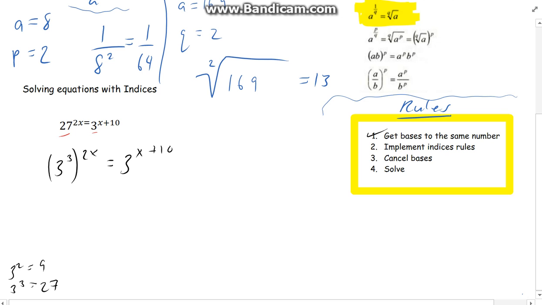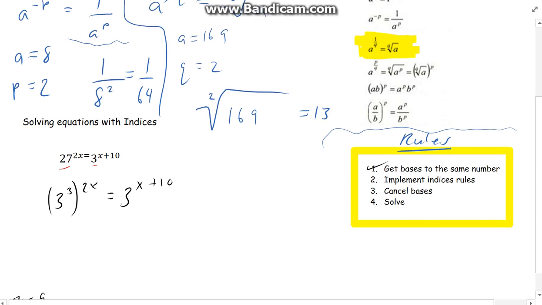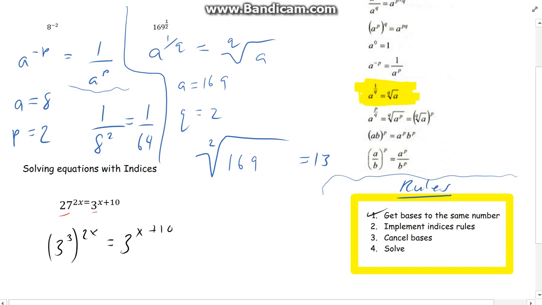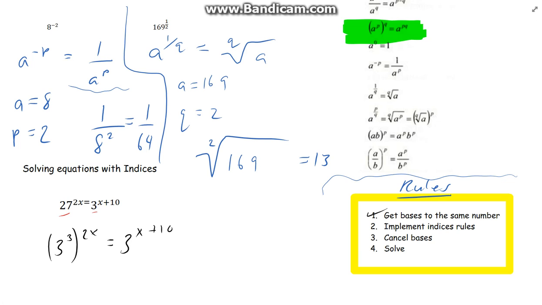Our second rule is to implement any indice rules. We look at any indice rules we have that might match what we're doing. So 3 to the power 3, bracket 2x, looks like this rule here. If we have a to the power p, all to the power q, it becomes a to the power pq.